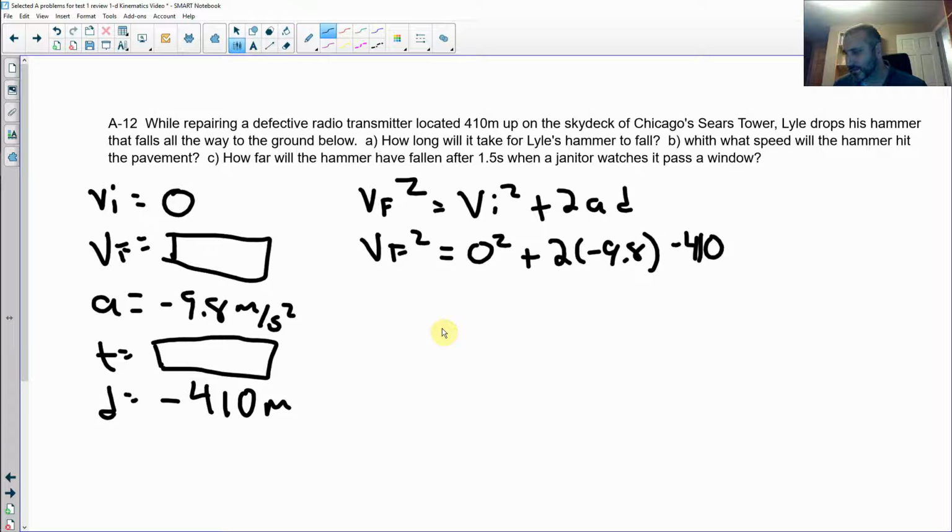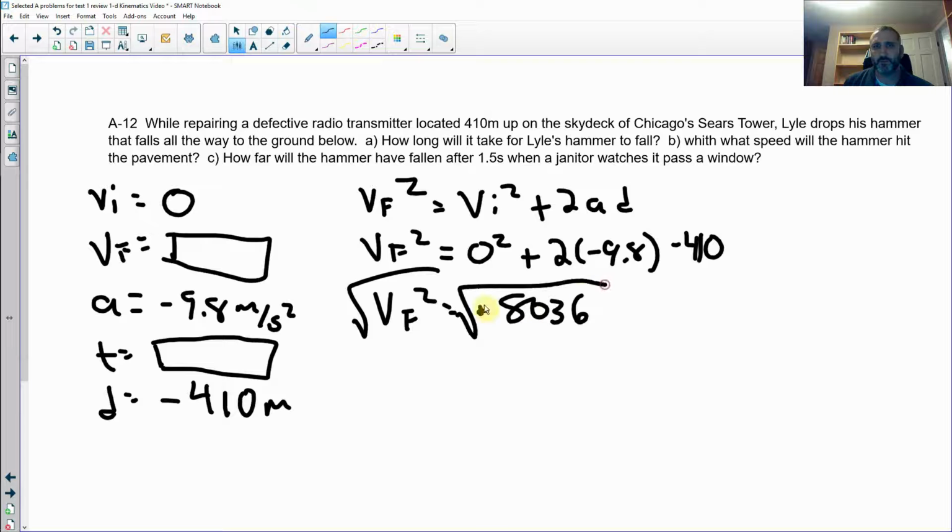2 times negative 9.8 times negative 410 should give us a VF squared of positive, interestingly, 8036. And we don't want that. We want the square root of it. And the good news is we have a positive number, so we can take the square root. So VF should be a positive or a negative square root of 8036.